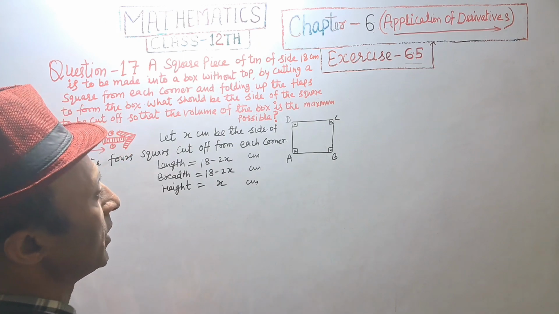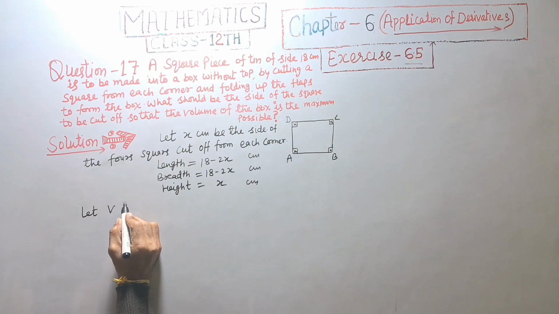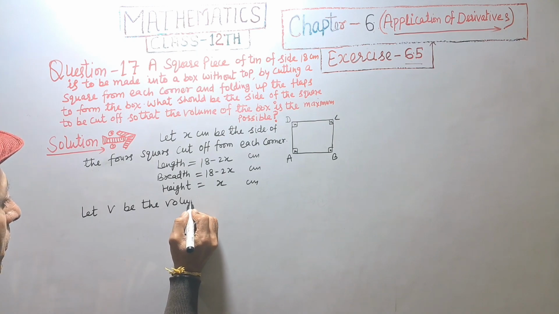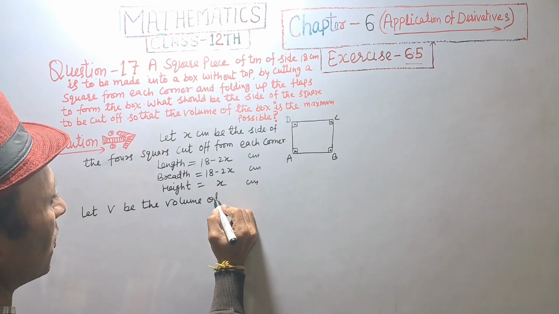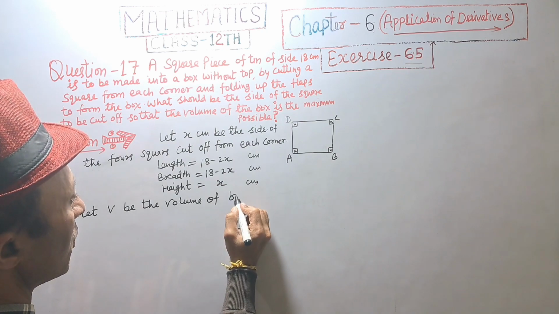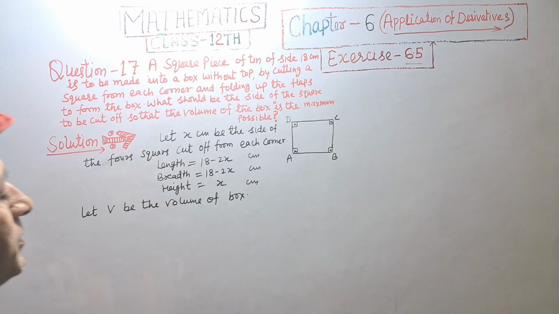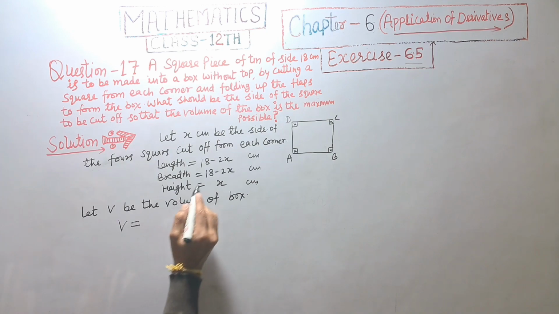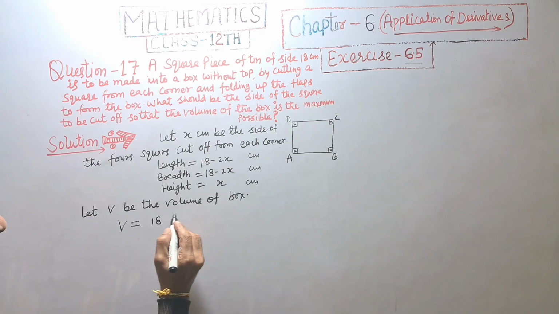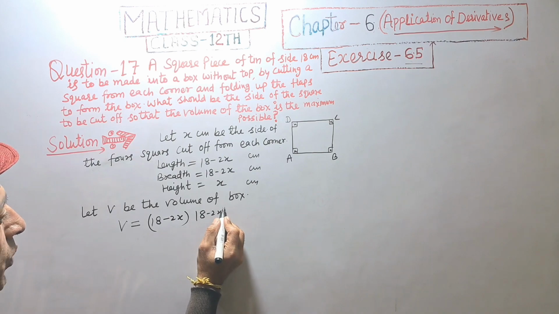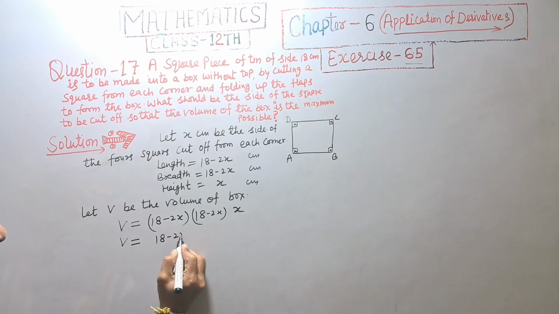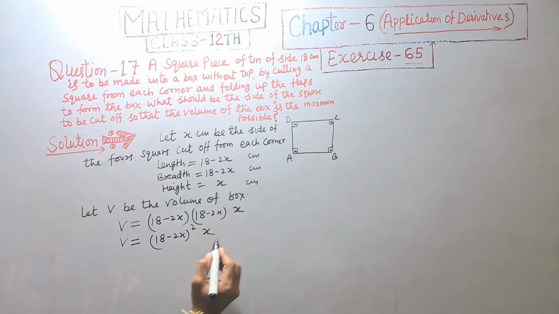Let V be the volume of the open box. V is equal to L into B into H, that is 18 minus 2x into 18 minus 2x into x. Then V is equal to (18 minus 2x) raised to power 2 into x.